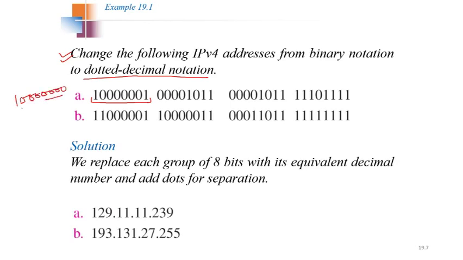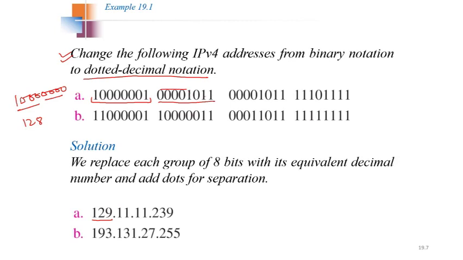The first byte is 1 0 0 0 0 0 0 0, which is nothing but 128. If we add one extra here, it will be 128 plus 1, that is 129. So this first byte is 129. Similarly, for the next one, the starting 4 bits are 0, and then it is 1011.